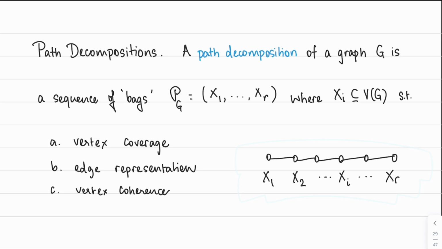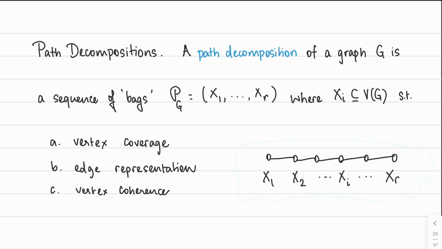So I'm going to spoil things a little bit and tell you here already that a tree decomposition can be thought of as simply a path decomposition where the underlying structure is allowed to be a tree instead of a path, which gives you more flexibility. You can do more things once your backdrop structure is allowed to be a tree, and the properties that we seek of the decomposition are very similar to what we already know about path decompositions.